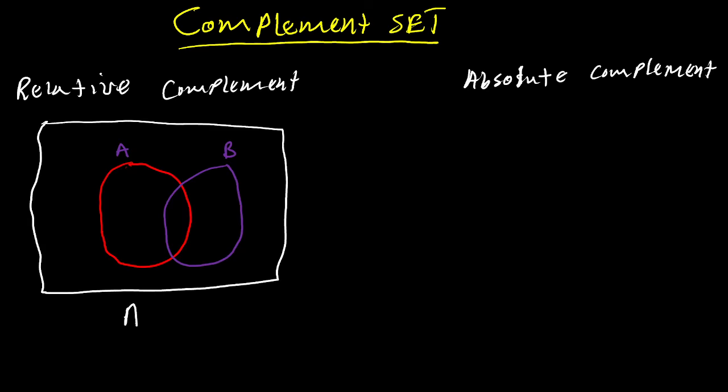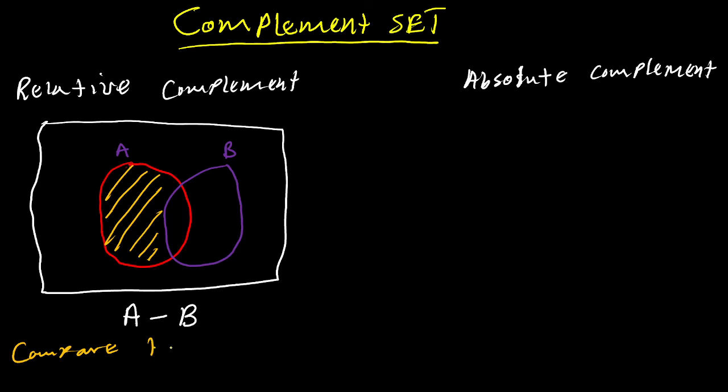Let's say you are saying A minus B. So from A, you remove B. So from that point, if you are trying to shade the set, from A you remove B, so we are just going to shade it like that. So for the relative, you compare two sets. The other one which we can look at is the absolute.